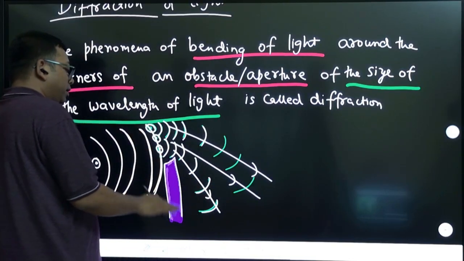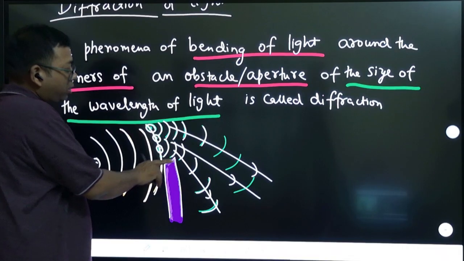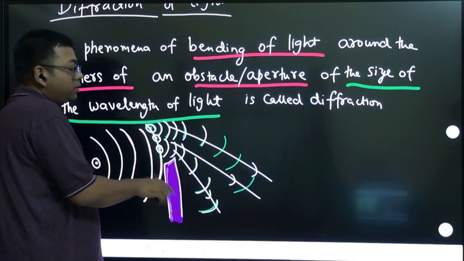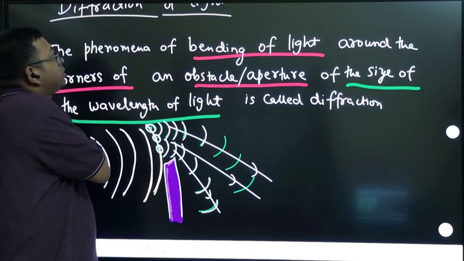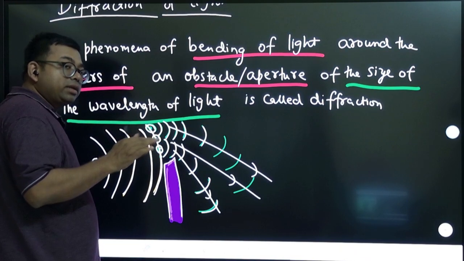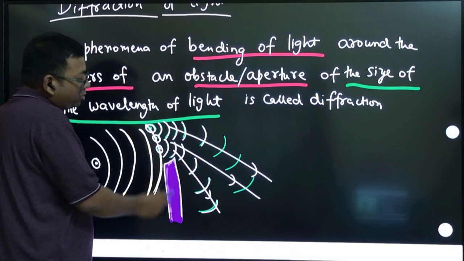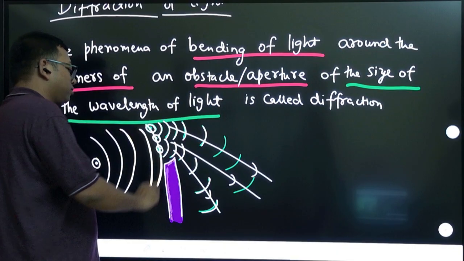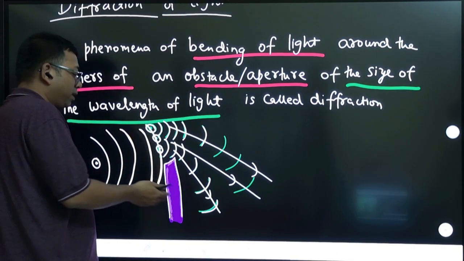So how is light able to bend around the corner? This is the corner, right? Around the corner it is able to bend. That process is called diffraction. It is not that in all cases it will bend. It is bending because this obstacle size is comparable to the wavelength. It is almost similar to the wavelength of light.